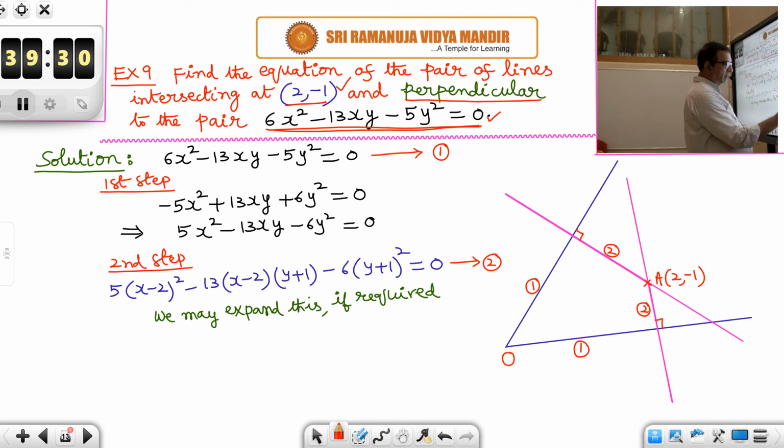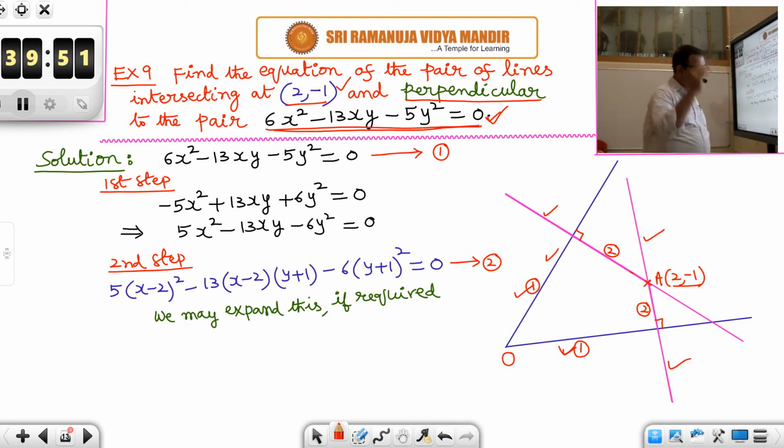Again passing through origin, this and this represent this pair of lines. Point A (2, -1), passing through A perpendicular to this line is this pink line. So these pink lines form a pair of lines, is it not? So we want the equation to the pair of pink lines.